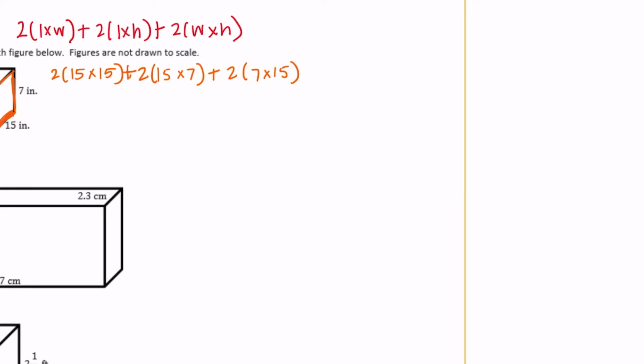So 15 times 15 is 225. Remember, we still have two groups of those, so that's just one face, but there are two of them.